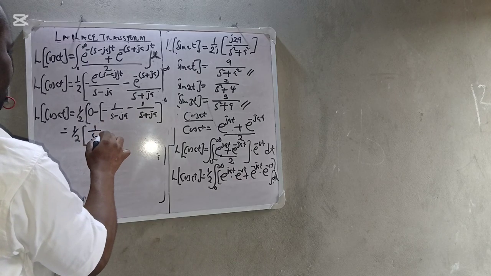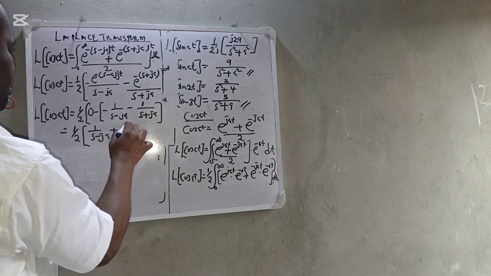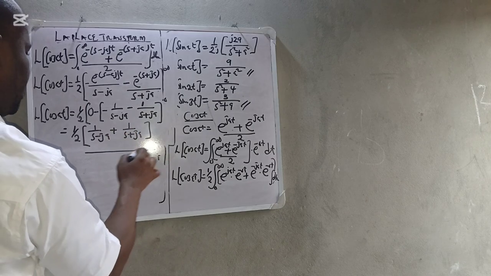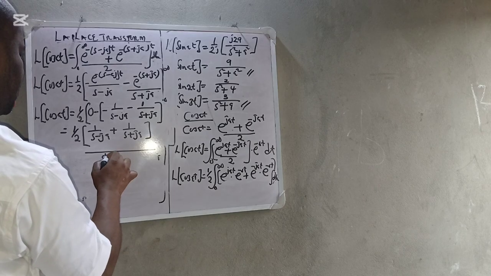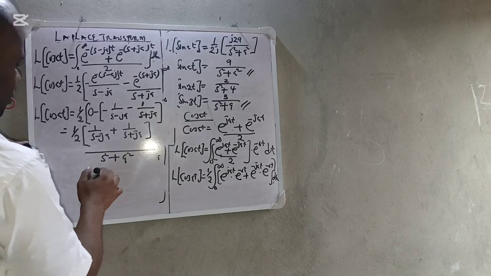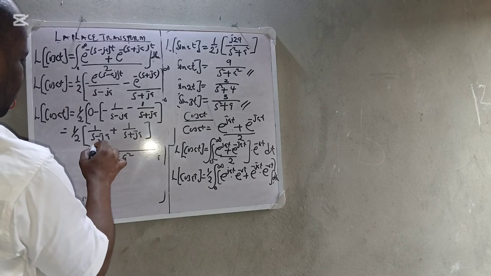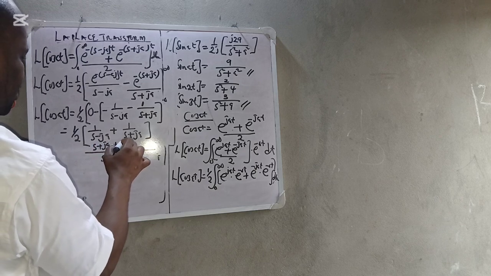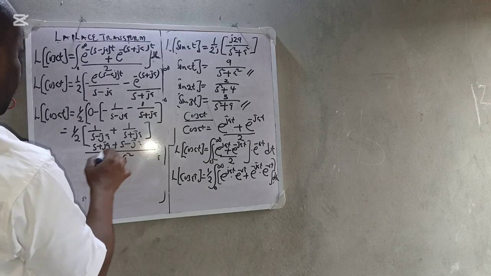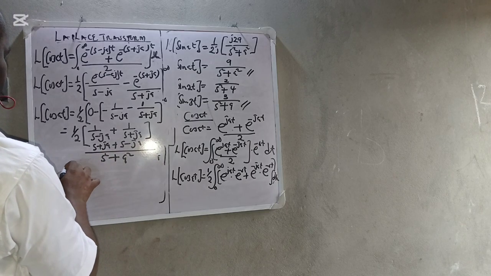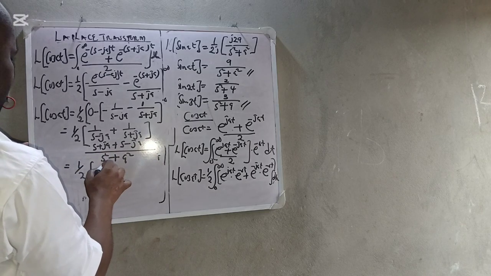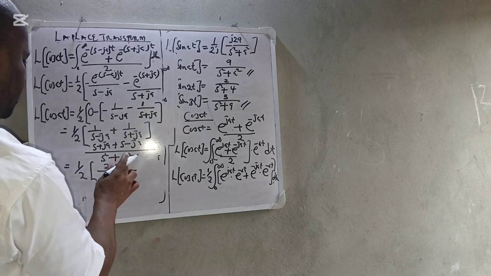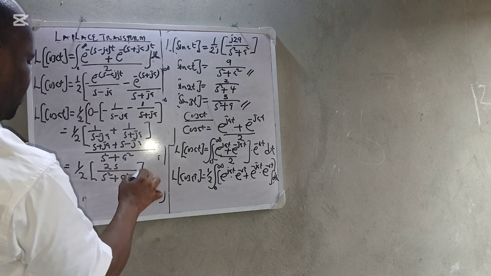We have this plus s plus aj. So taking the LCM, we have this plus this. So this will give us that s plus aj plus this minus aj. So this is into 2s divided by this plus a squared.